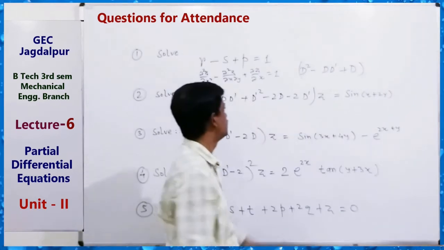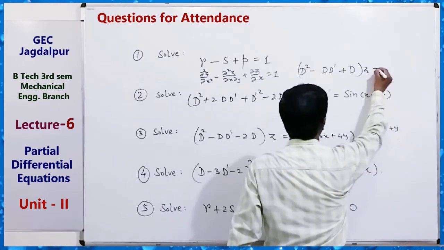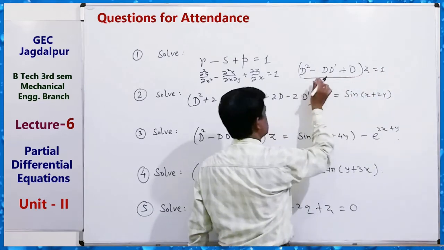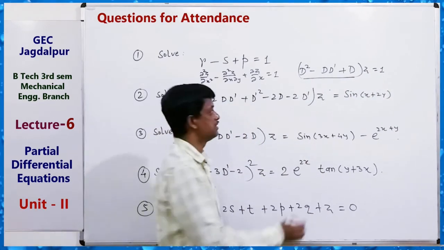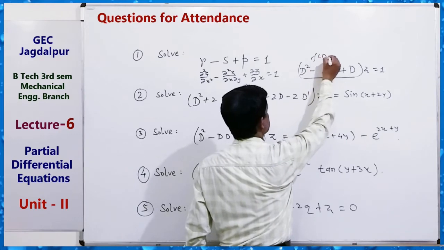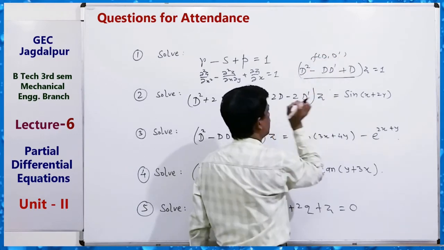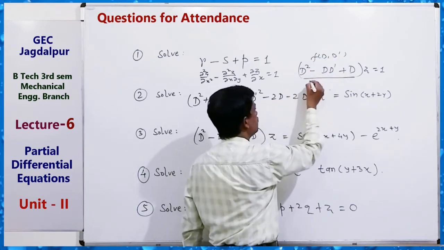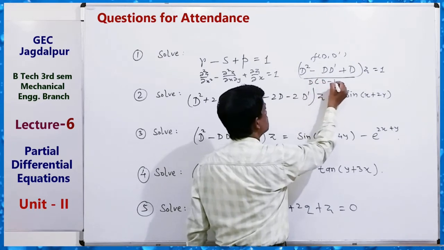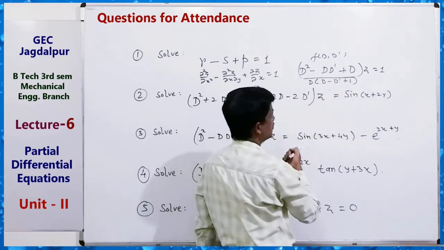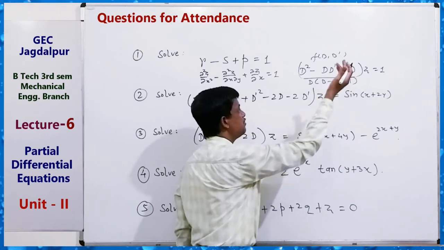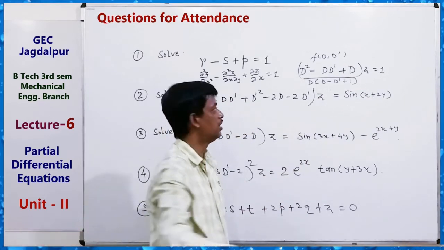So this is f(D, D dash). It can be factorized because D is common: D times (D minus D dash plus 1). So this is of the form D minus m D dash minus alpha.